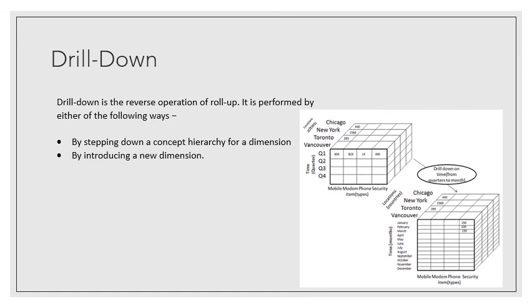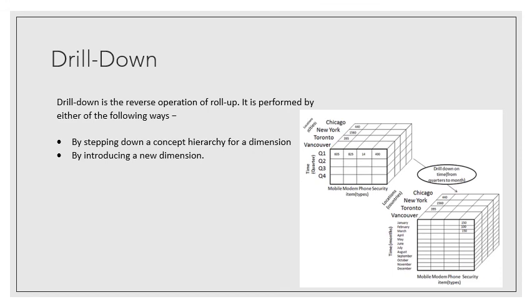Next, let's see drill down. Drill down is the reverse operation of roll up. It is performed by either of the following ways. First, by stepping down a concept hierarchy for a dimension, or by introducing a new dimension. The following diagram illustrates how drill down works. Here, drill down is performed by stepping down a concept hierarchy for the dimension time.